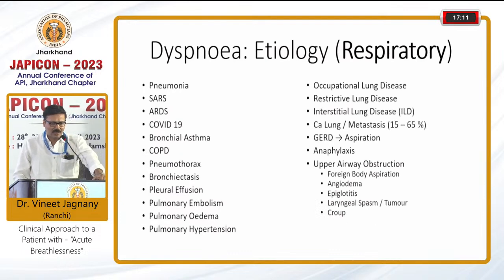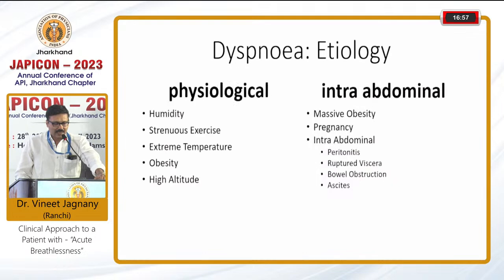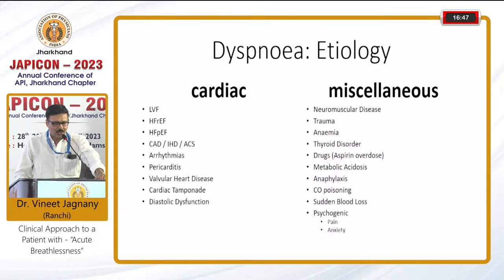There are various causes of dyspnea, in which the respiratory causes could be infective, asthmatic, pleural effusion, embolism, pulmonary hypertension, occupational, restrictive or interstitial lung disease. Even metastasis and GERD can also lead to dyspnea. Sometimes physiological causes like humidity, exercise, temperature, intra-abdominal obesity, ascites can also lead to dyspnea.